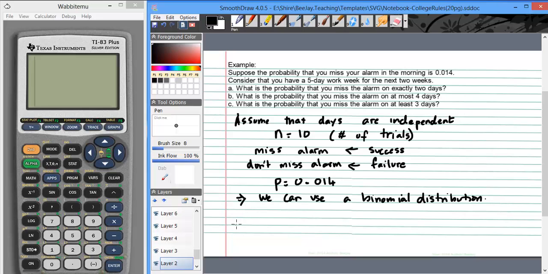So if you look at A, and before we get to the problem, let's define x to be the number of days you miss the alarm. Well, the number of days you miss the alarm is nothing but the number of success events.